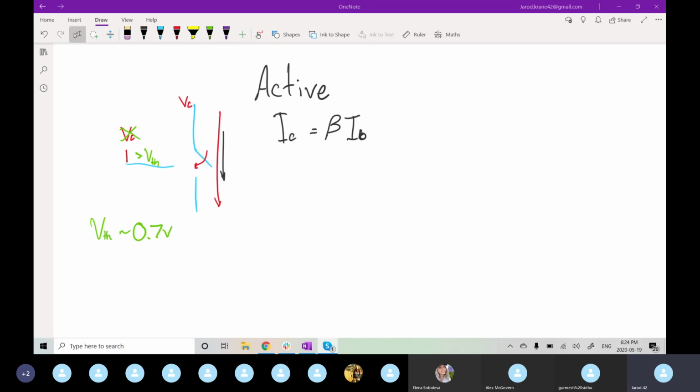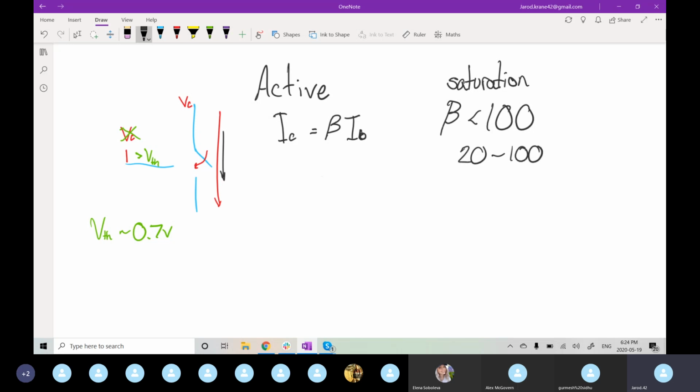So in most transistors, beta will be usually below 100. I think 20 to 100 is the typical value. But it's just a saturation constant. You'll be able to find in the data sheets of any NPN, it'll explicitly have this beta constant, letting you know what it is.